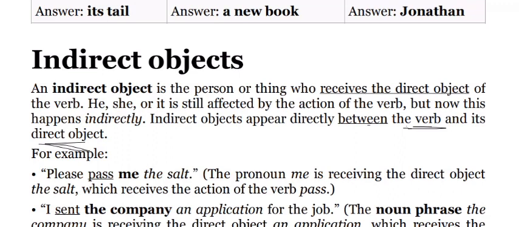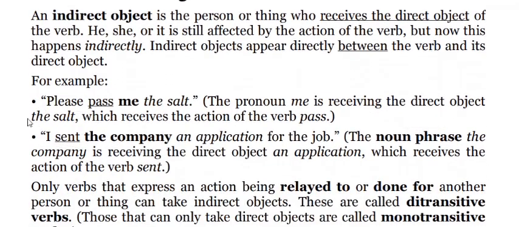Now we will see. Please pass me the salt. The pronoun me is receiving the direct object, the salt, which receives the action of the verb pass. I sent the company an application for the job.